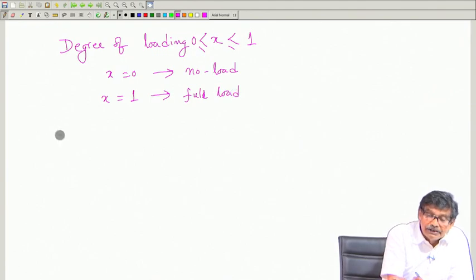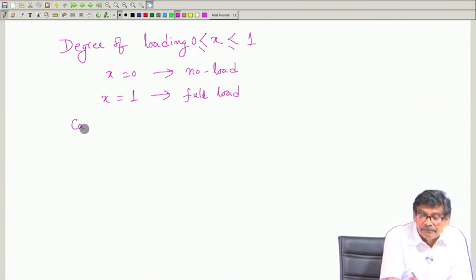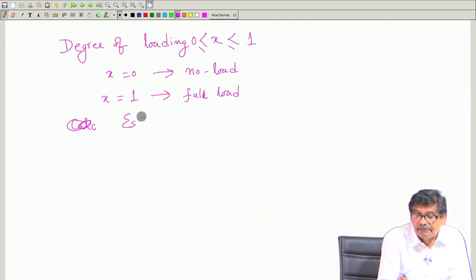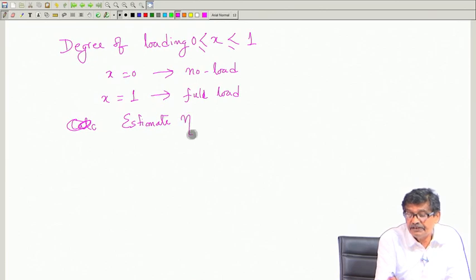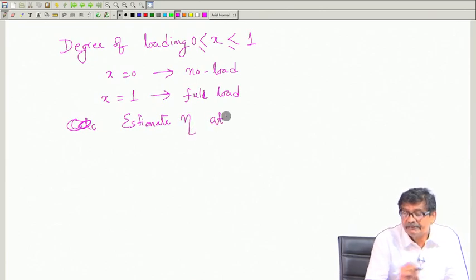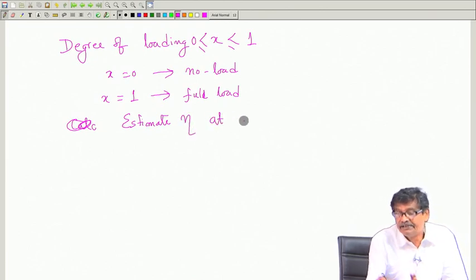So, we would like to try to estimate efficiency at x degree of loading.